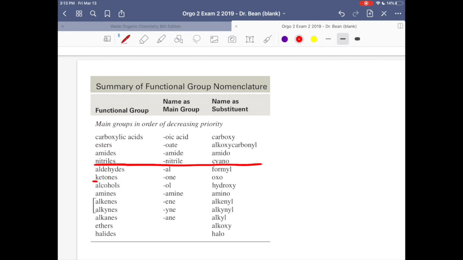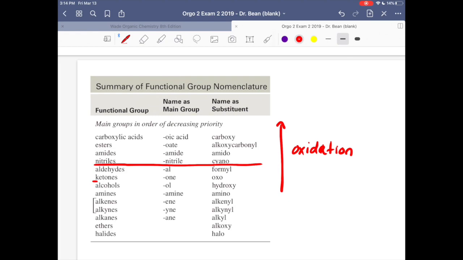You'll notice this trend: as you go up the table, the higher the oxidation state, the higher the priority. So that's why your carboxylic acid is going to be at the very top of the chain.